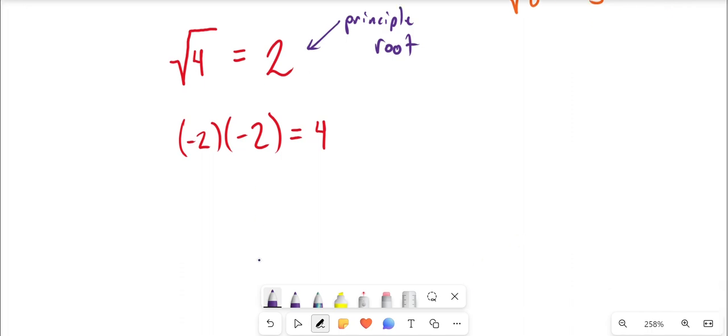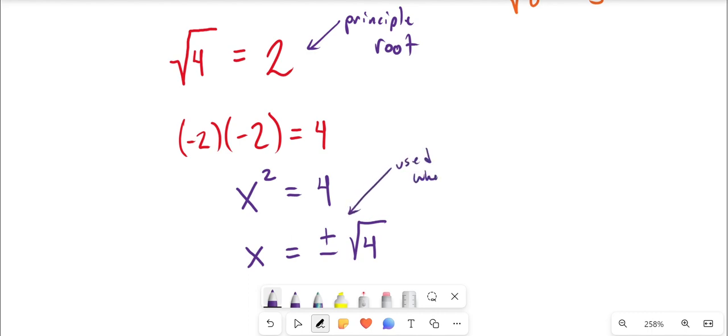And when we solve equations that have even powers, we generally wind up with more than one answer, like plus minus the square root of 4. But notice we could consider this as plus minus 2, the principal root, right? So we include the plus minus when we solve with even exponents.